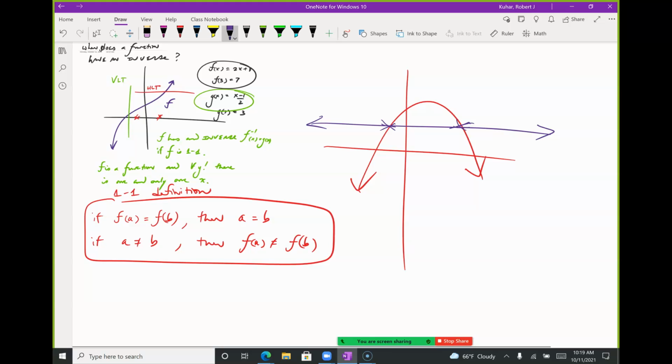For every repeated height, I need only one x value, just like for every unique x value, there's only one y value. I need the function and its inverse to be a function in order for the inverse to exist. And that's easier said as saying the function must be 1-to-1.